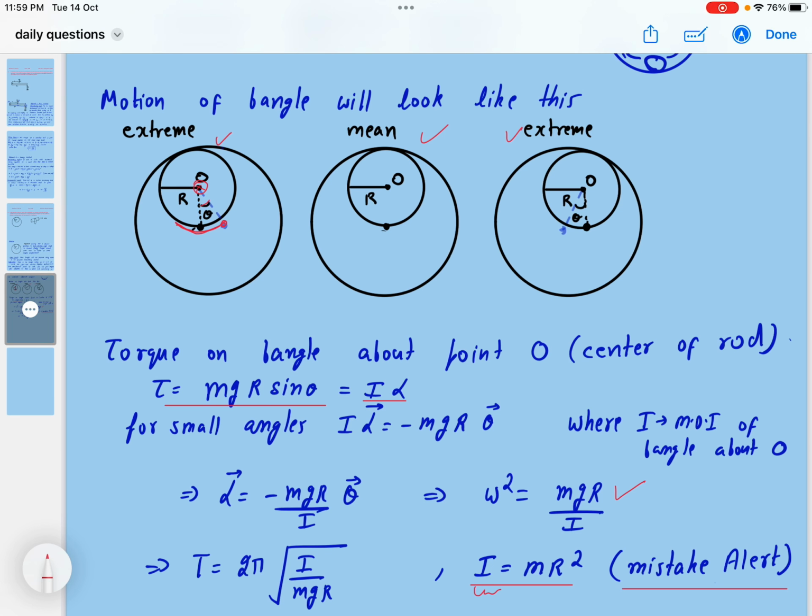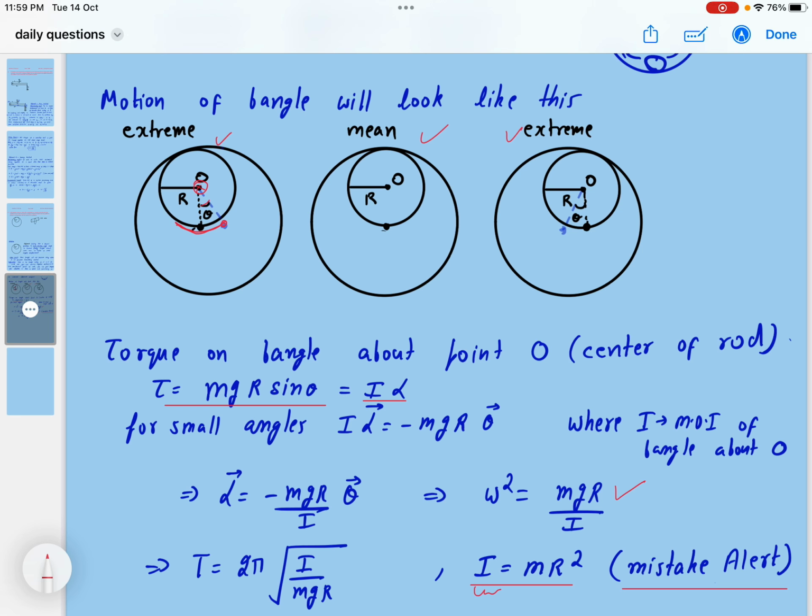Why? Because it is not having any spinning motion. If I apply the parallel axis theorem about point O, since there is no spinning motion, the moment of inertia about its center of mass will be considered 0, because it is not rolling motion, it is just pure translatory motion. That is a very important point here.